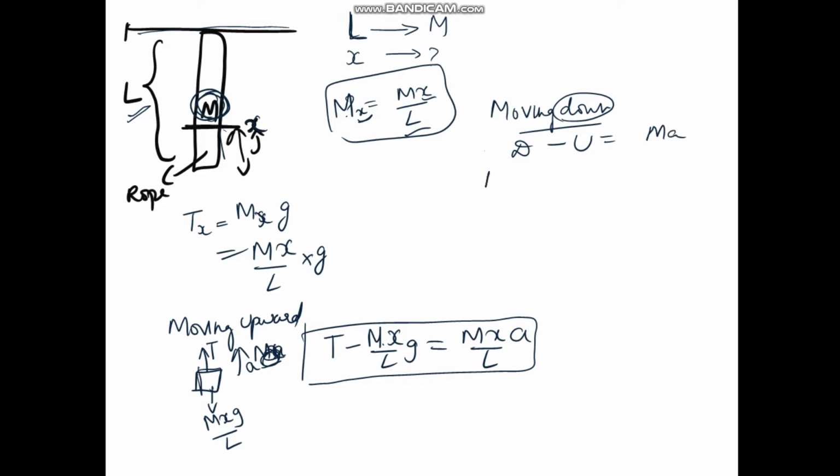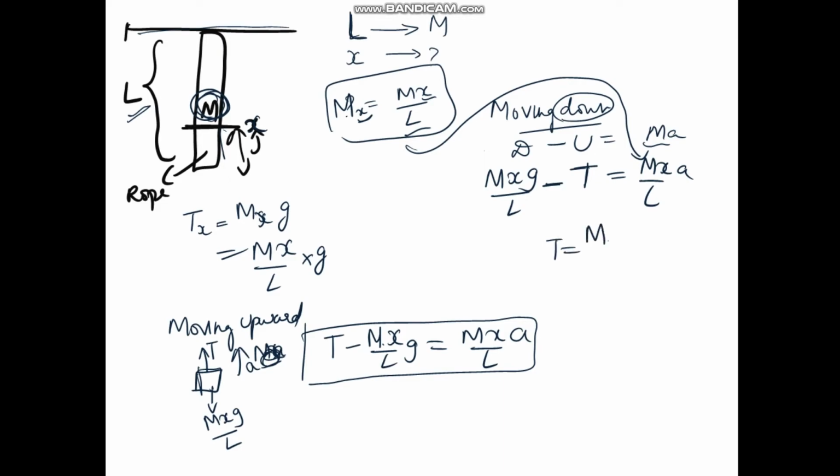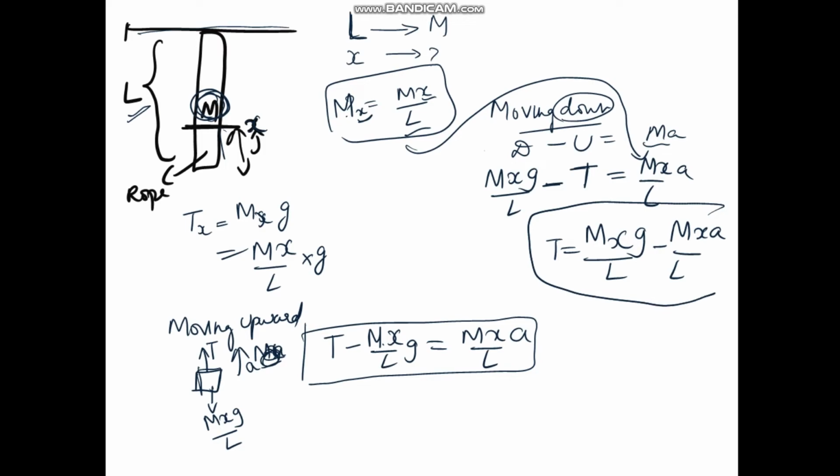Downward force is mxg by L, the weight of the rope, minus upward force, which is tension, is equal to the mass of the rope portion, mx by L, into a. So tension is equal to mxg by L minus mxa by L. This is the equation when the system is moving downward.